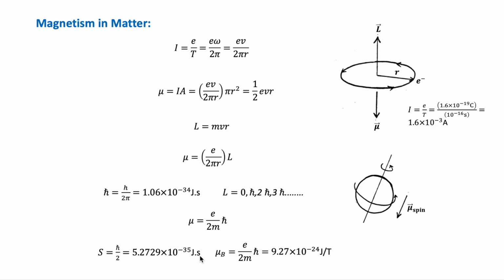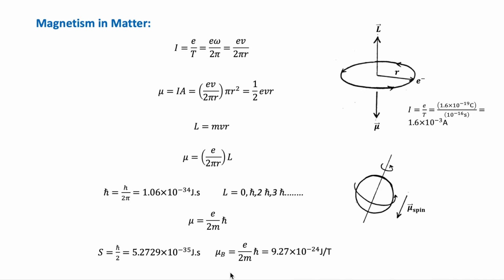The intrinsic magnetic moment associated with the spin of an electron has the value e over 2m times h bar, equal to 9.27 times 10 to the minus 24 joule per tesla, which is of the same order of magnitude as the smallest non-zero value of the orbital magnetic moment. This quantity is known as the Bohr magneton.